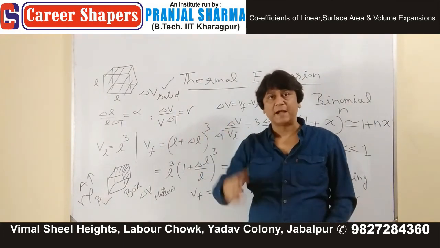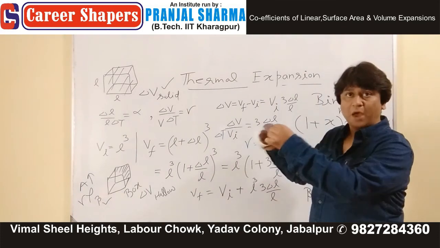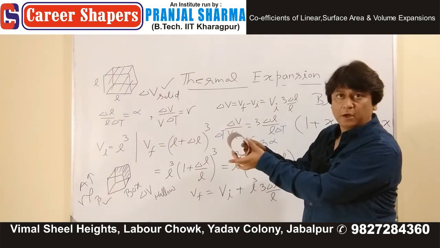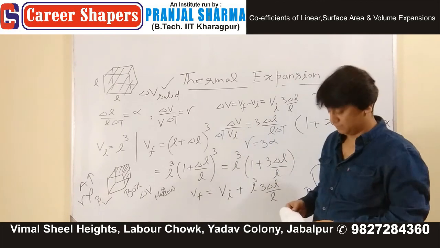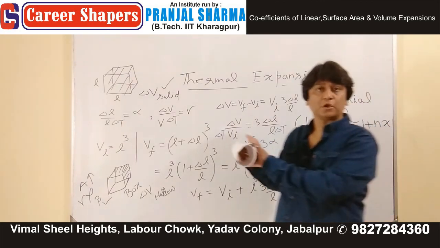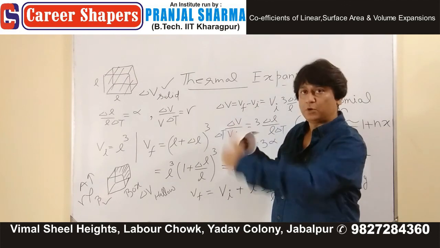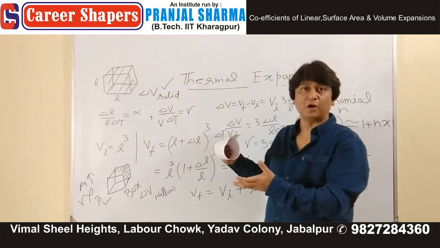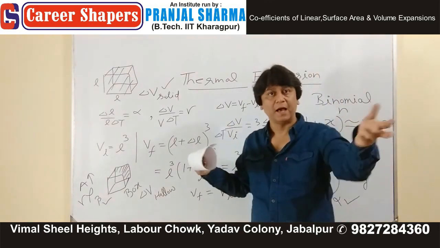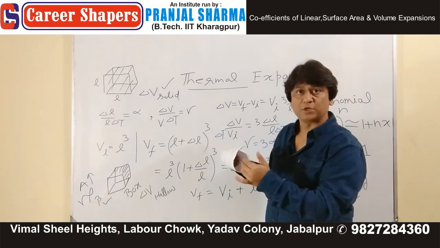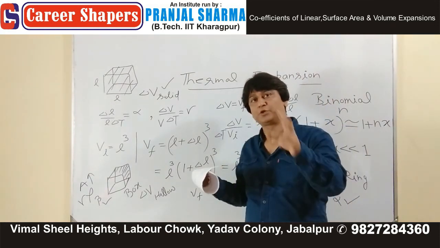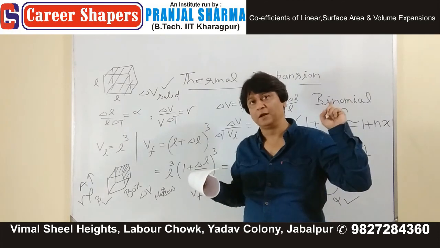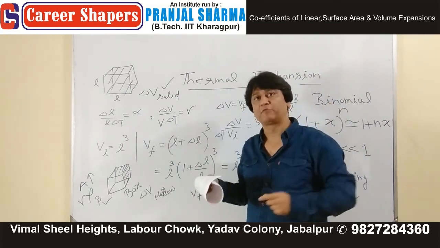You can understand it this way. You have got a solid which is not entirely made up of same material. This is a solid whose outer surface is of, let's say, steel, iron, but the inner portion is what? Air. So when you are heating this thing and you are using gamma of steel, then you will never get the correct result.